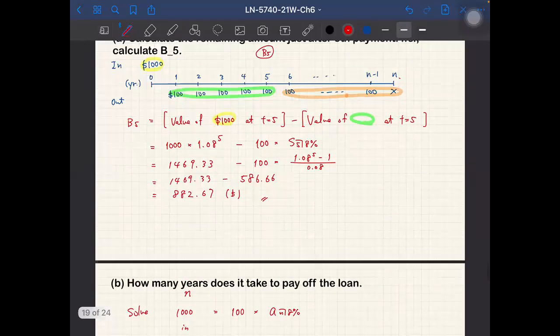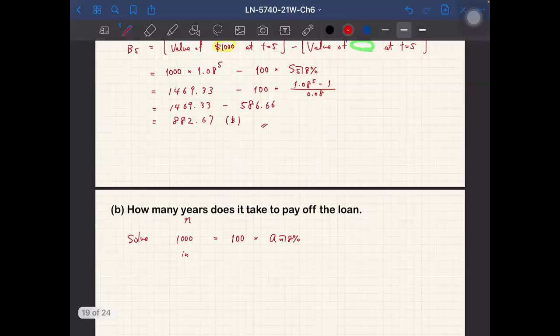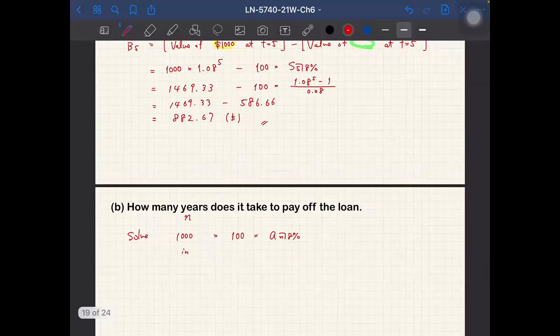The last payment is less than 100, so we cannot say this exactly, but if we solve this, n becomes 20.91 if we use a calculator.